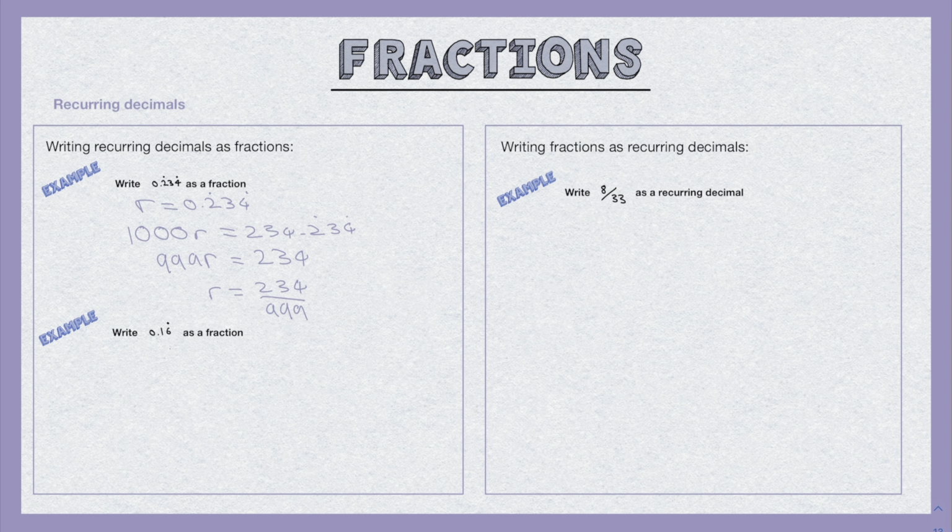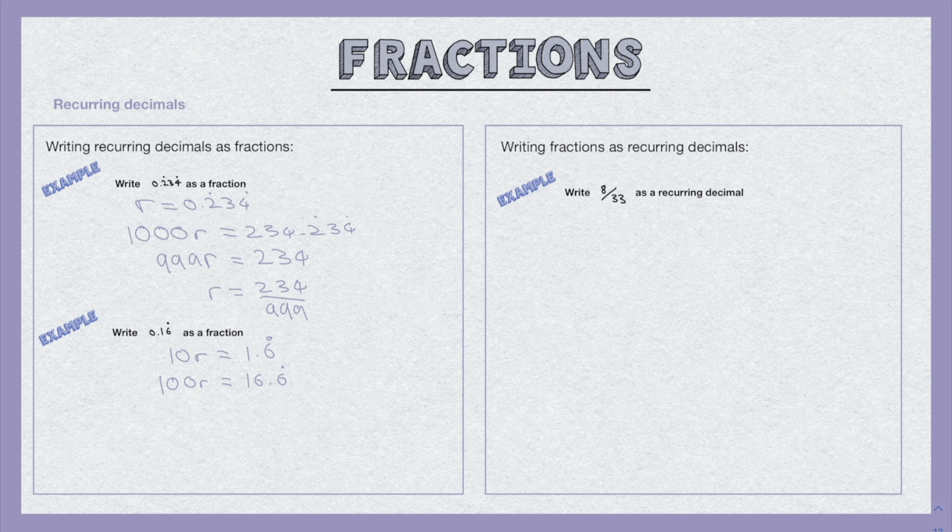The way you would do this would be to make 10r equal 1.6 recurring, moving that recurring part right next to the decimal point, which makes this part easier. So what you want to do next is do the next power of 10 up, which would bring that 6 across.